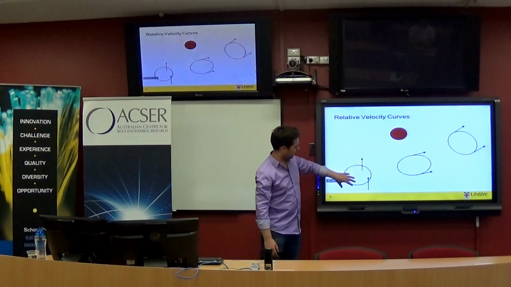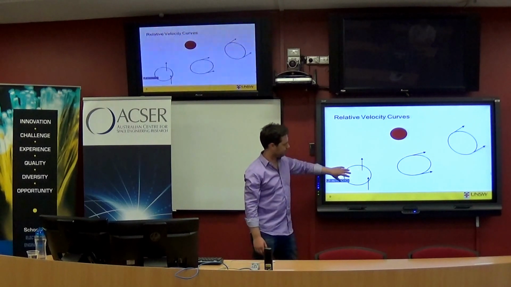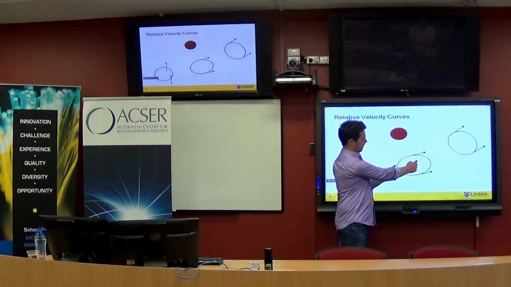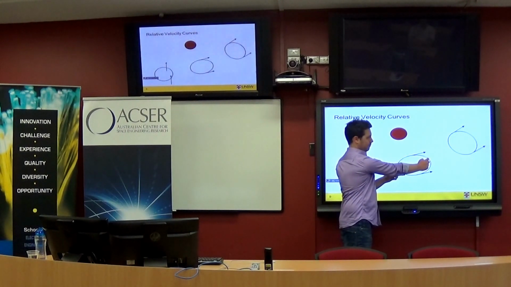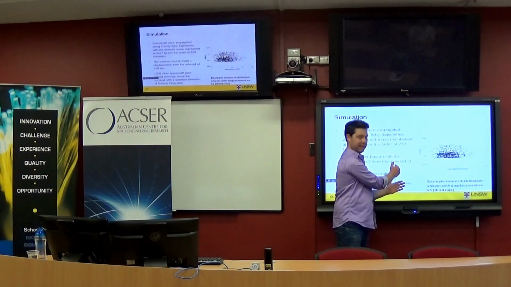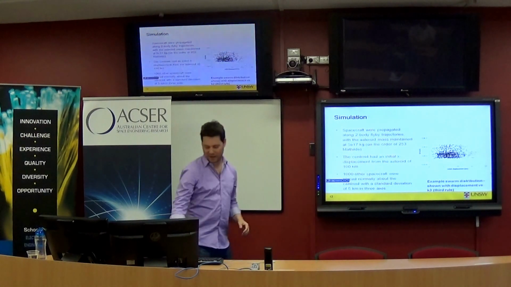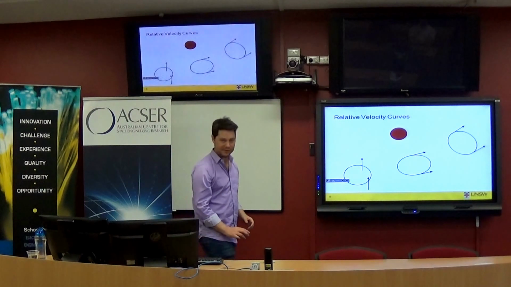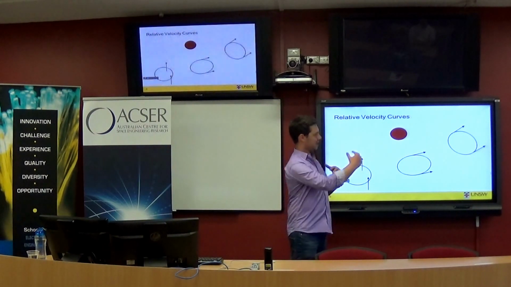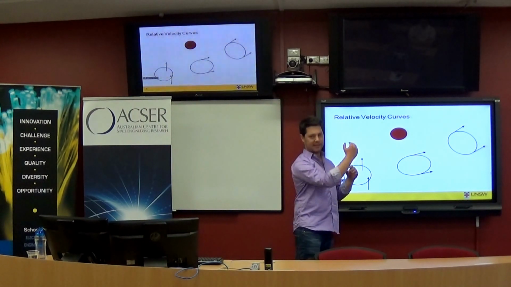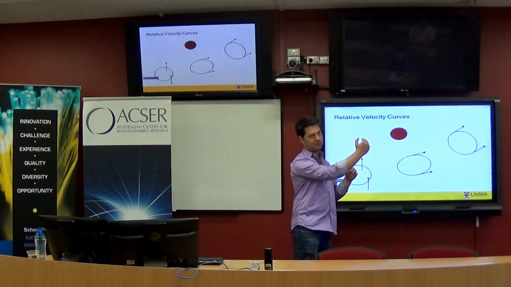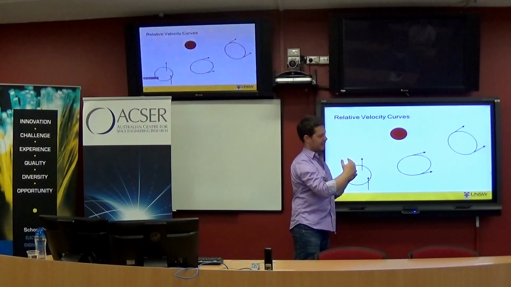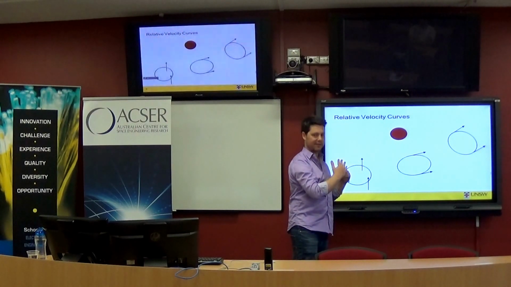And you start off with a circle, or almost a circle. And as you move towards the asteroid, the leading part of the circle and the trailing part of the circle start to stretch out. And that's because the leading edge feels gravity first, so it moves forward faster. And the trailing edge feels gravity last, so it lags behind.